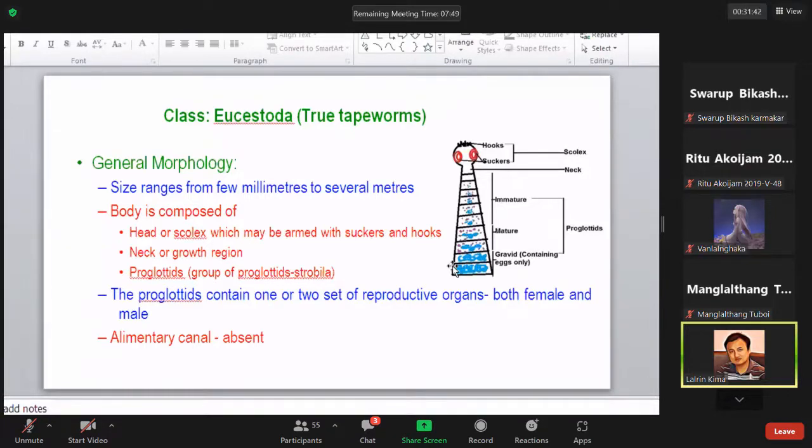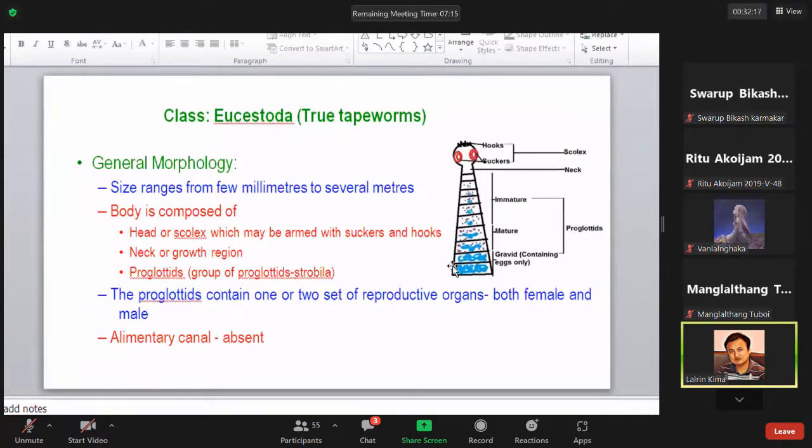The uterus remains, and it will be packed with the eggs. Subsequently, it will disintegrate to contaminate the environment. So that proglottid or that segment of a tapeworm where only the uterus remains after fertilization is known as gravid proglottid.